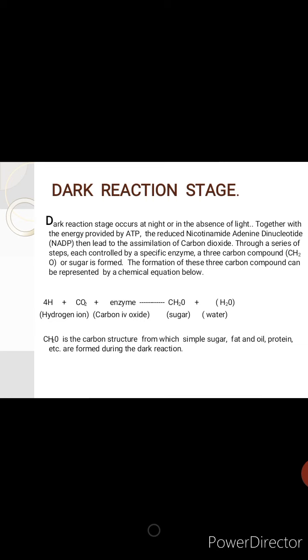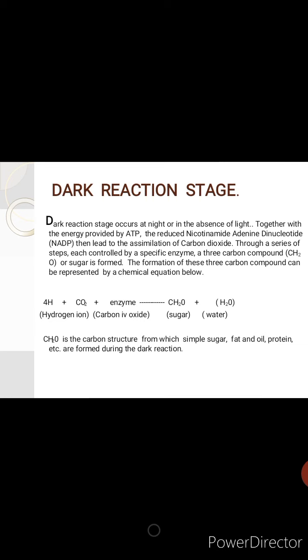Through a series of steps, each controlled by specific enzymes, a carbon compound, CH2O, or sugar, is formed. The formation of these compounds can be represented by the chemical equation below. CH2O is a carbon structure from which simple sugar, fat and oil, protein, etc. is formed during the dark reaction stage.